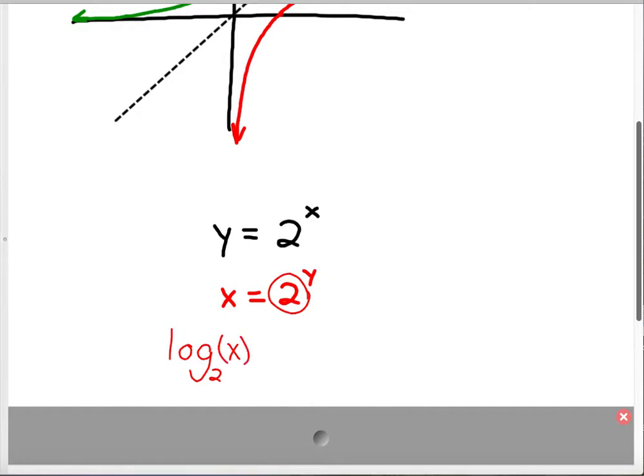It's like a function, just like sine or cosine or the square root. Those are all functions. So we're doing the log base 2 of x is equal to y. And so that's our inverse function for the exponential y equal 2 to the x.